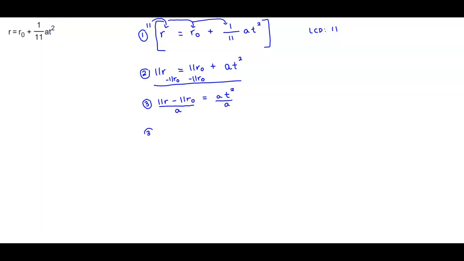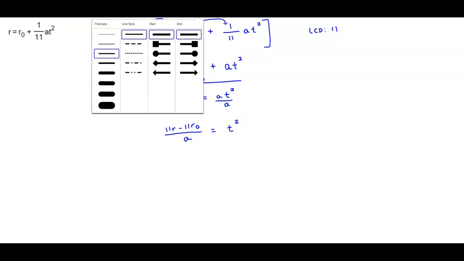So we have 11r minus 11r subscript 0 over a, and that's equal to a divided by a, which is 1, which is t squared. That's step number 4.